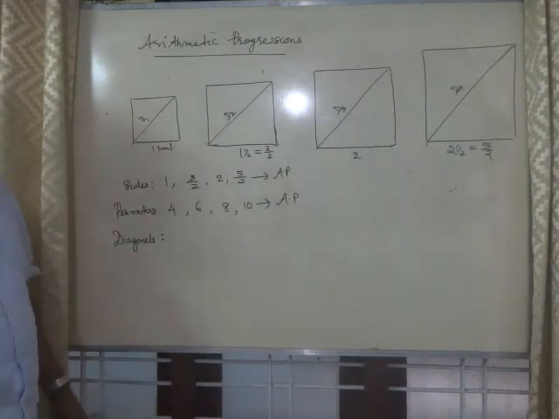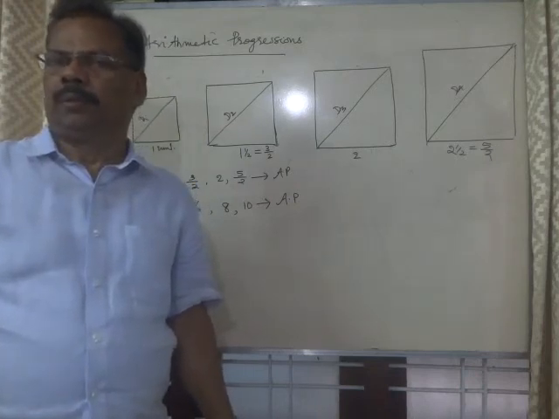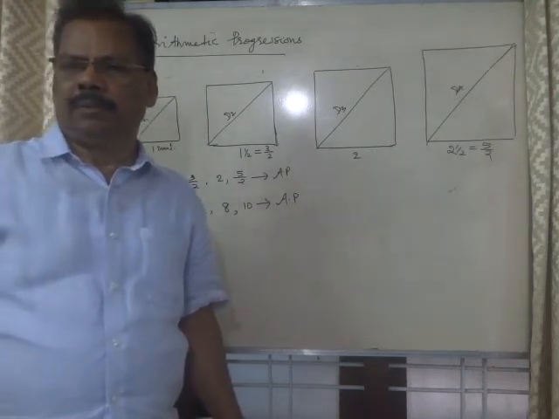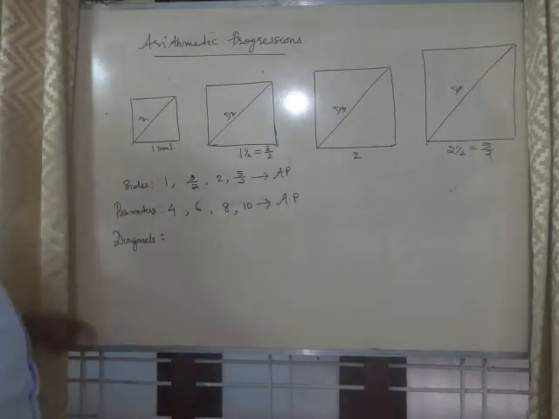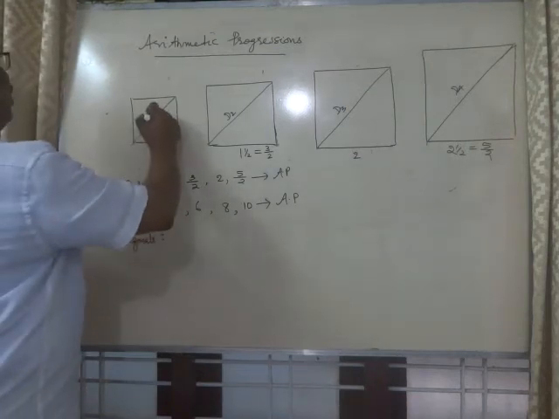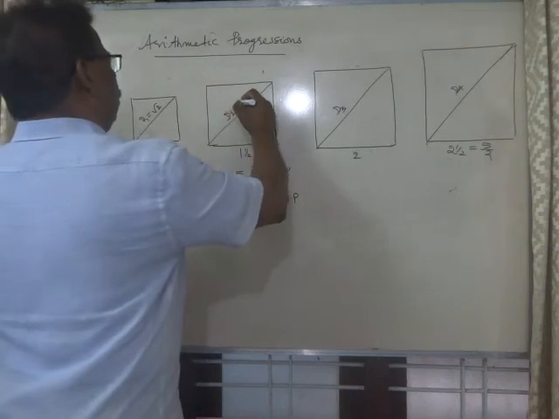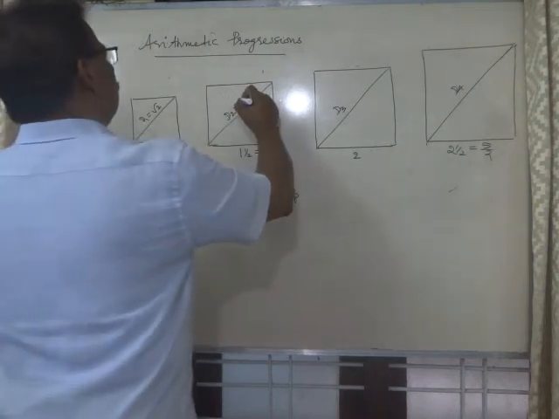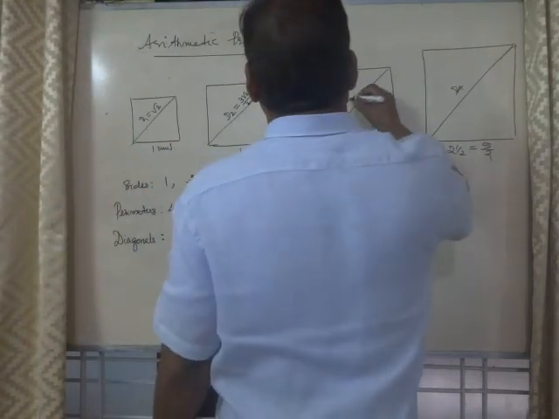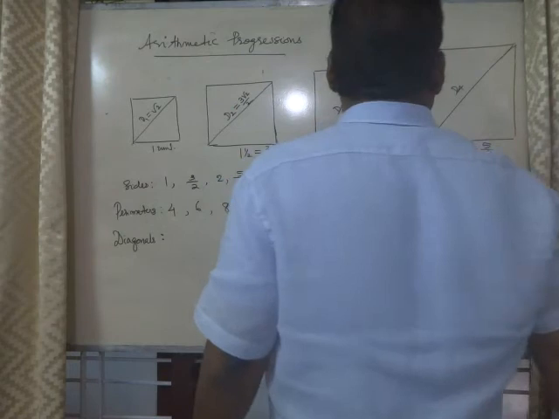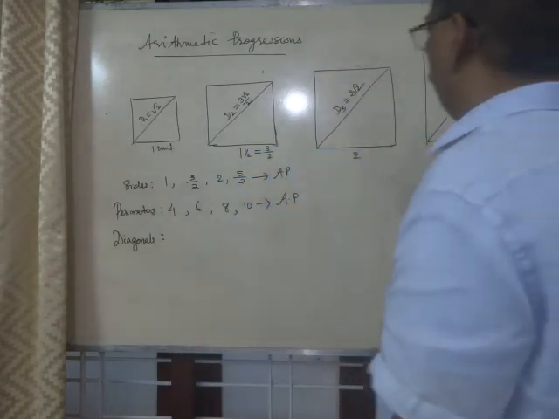How do you find the diagonal of a square? In the 9th standard you have studied it. It is side length into root 2. So D1 is equal to root 2. How much is D2? 3 by 2 into root 2. Here it is 2 root 2. How much is here? 5 by 2 into root 2.